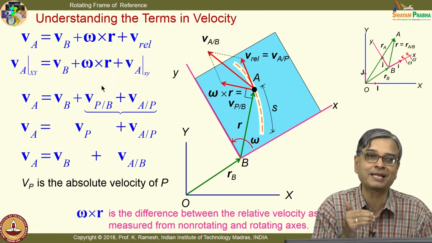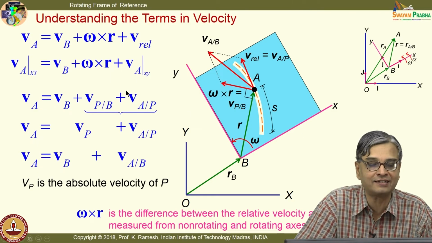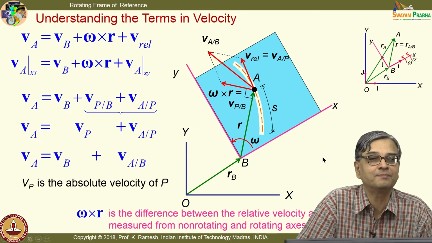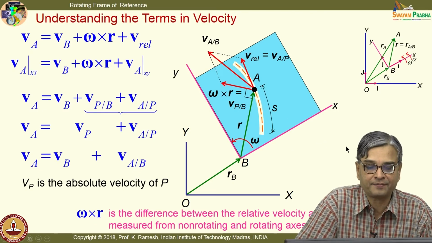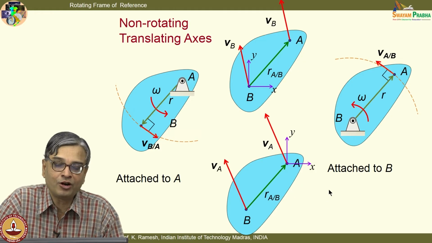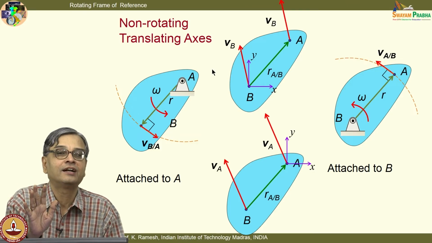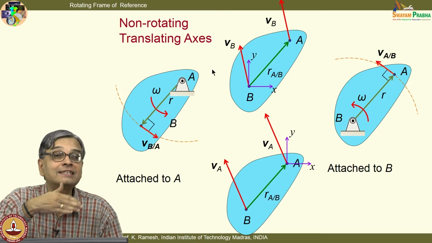We will spend some time on it. This is the crux of rotating frame of reference. If you understand this, then doing acceleration is simple, the mathematics will help you and you can comprehend it better. So, I explain it in stages. I want to bring back your old memories. When I attach a non-rotating translating axis to a rigid body, I see every other point on the body rotates about it.